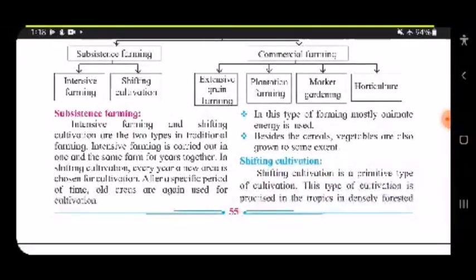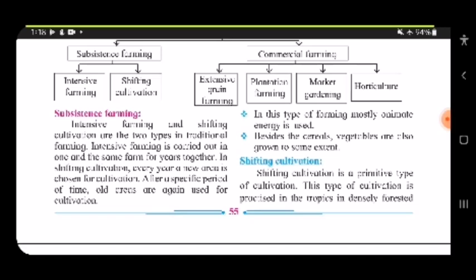Now, intensive farming and shifting cultivation are the two types in traditional farming. Intensive farming is carried out in one and the same farm for years together. In shifting cultivation, every year a new area is chosen for cultivation. After a specific period of time, all areas are again used for cultivation.